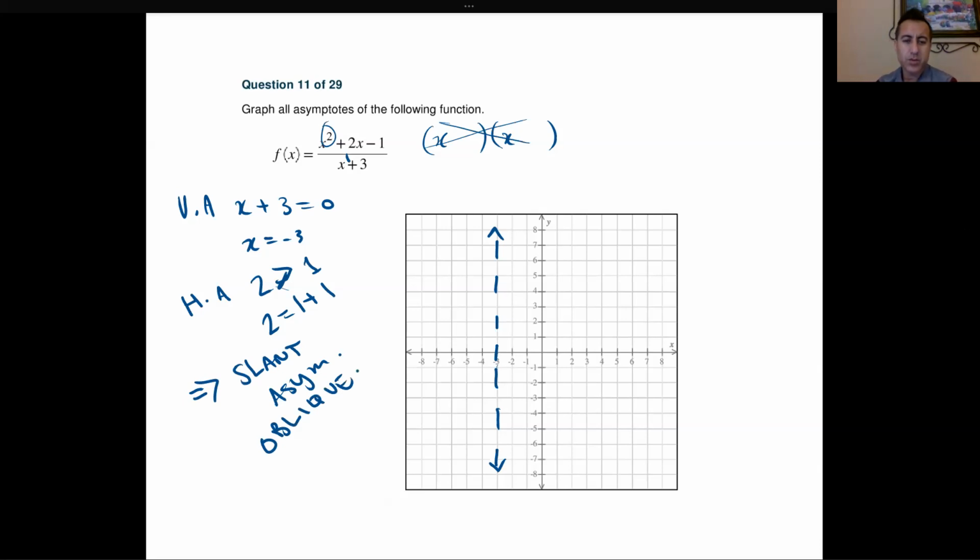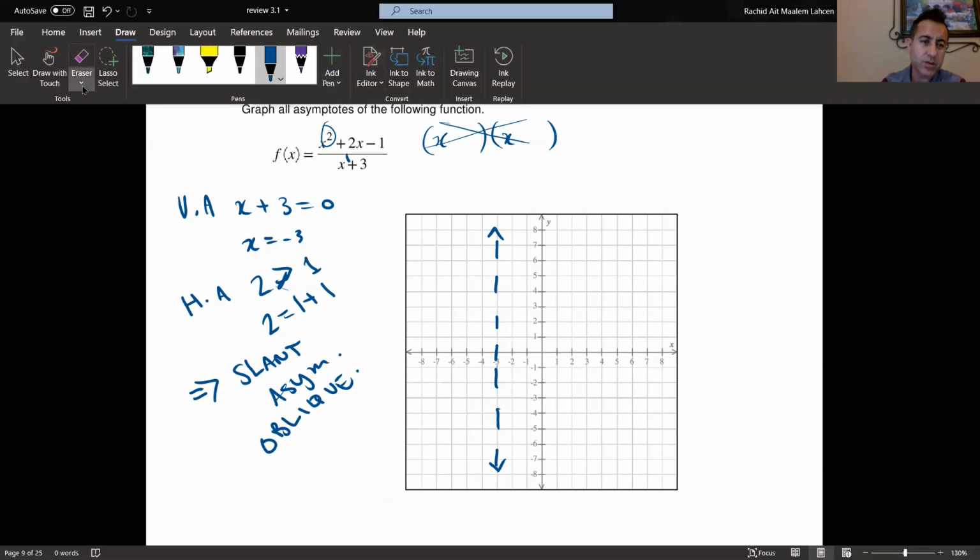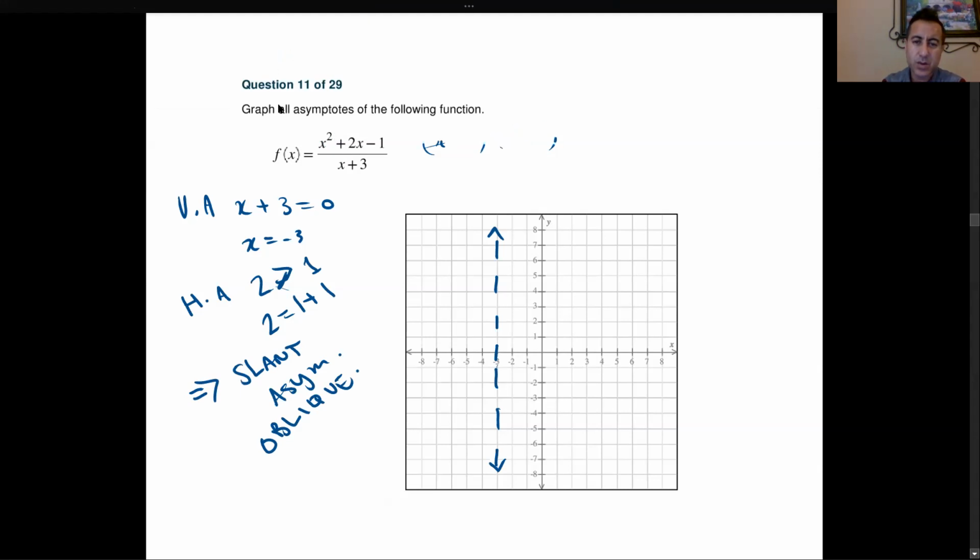How do we find this slant asymptote? We're going to need to do long division or synthetic division, but let's stick with one method.